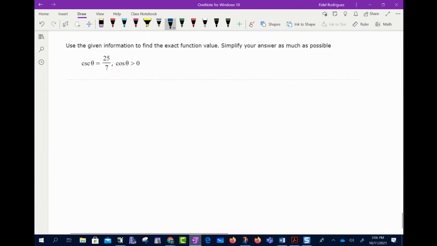We have the cosecant is equal to 25 over 7, and it says cosine is positive. So guys, remember how we define cosecant? Cosecant is defined as the hypotenuse over the y value, right? And so in our case, we know that our cosecant is 25 over 7.